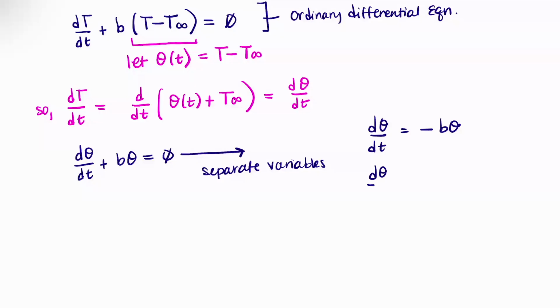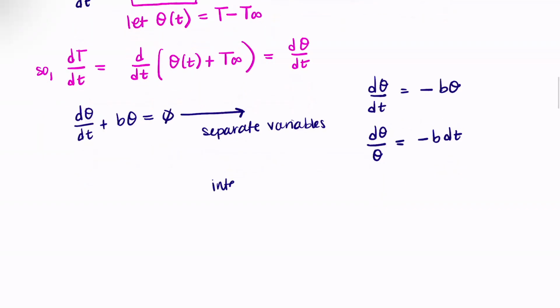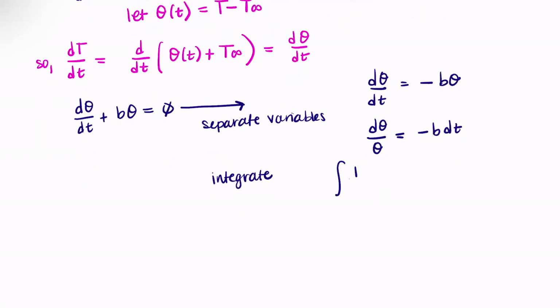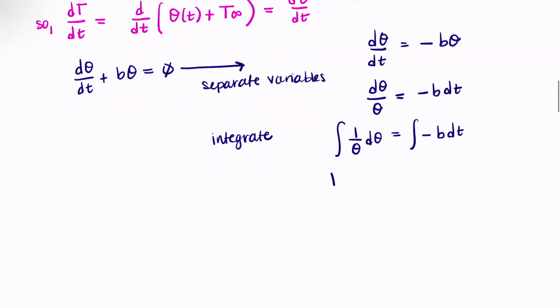So I have d theta over theta is equal to minus B dt. The next thing I'm going to do is integrate. So I have the integral of 1 over theta d theta is equal to the integral of minus B dt. And when I do this, I get natural log of theta is equal to minus B times t plus some constant of integration.